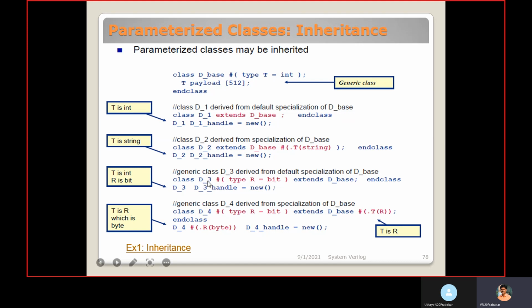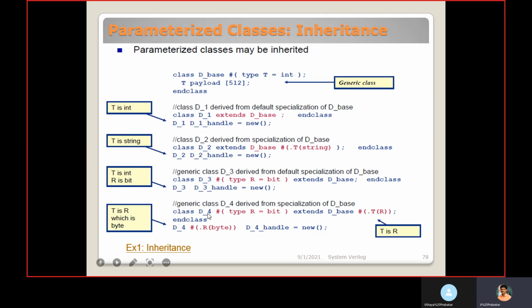So for this D3, here I create a handle. This D3 handle consists of T and R. T by default is an int, and R I create as another variable. This is nothing but an R type, which is nothing but a bit type. T represents int and R represents bit.